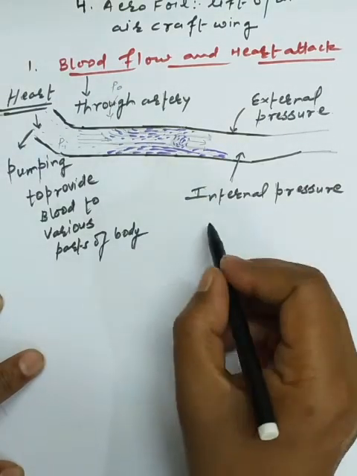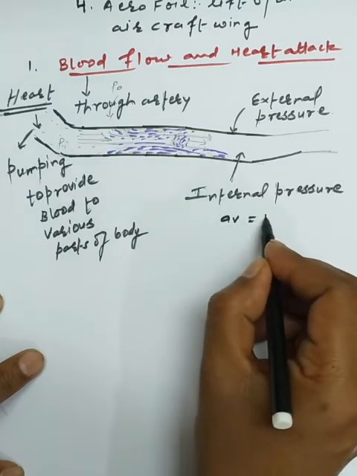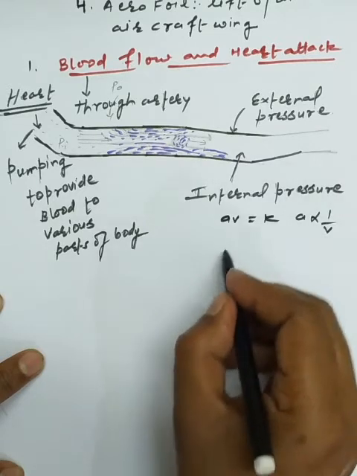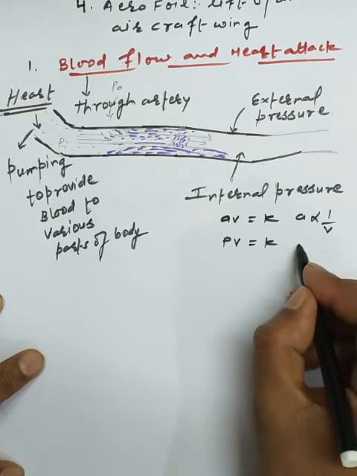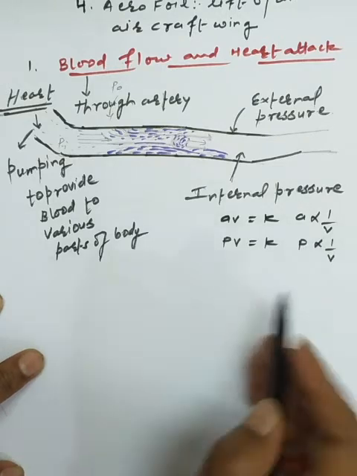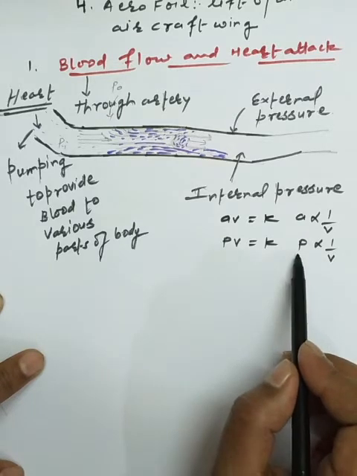This is the simplest method, using the simplest concept of the Bernoulli principle. We have discussed that AV is equal to constant, so A is inversely proportional to the velocity. In the same way, using the principle, we can say that the pressure is inversely related to velocity: when velocity is higher, the pressure will be less.